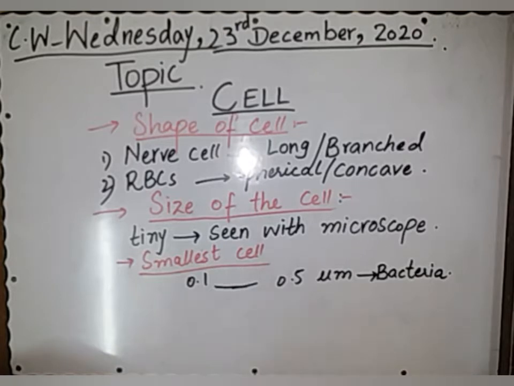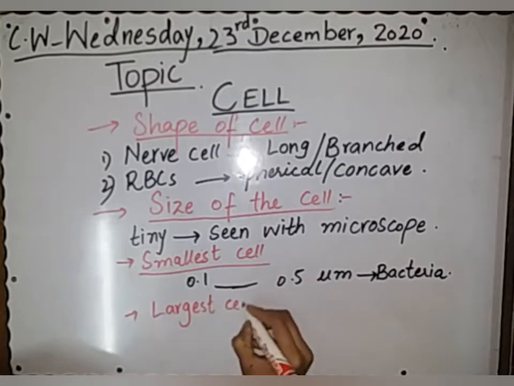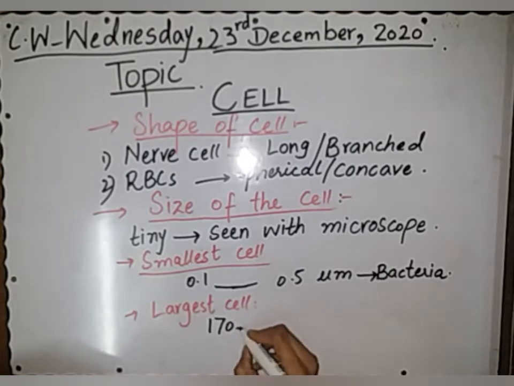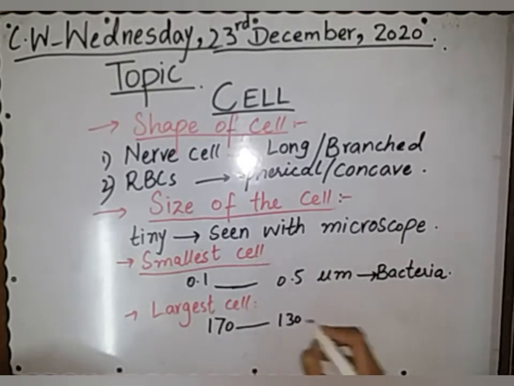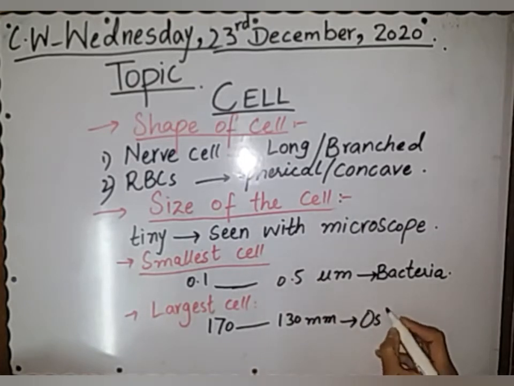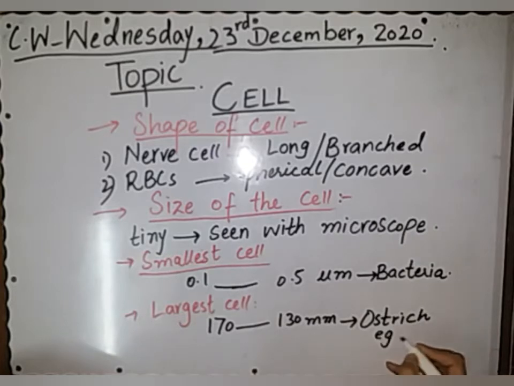And the largest cell is present in the ostrich egg, which is of size 170 millimeter to 130 millimeter. So this is the basic introduction of the cell.